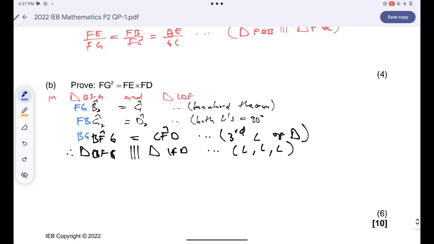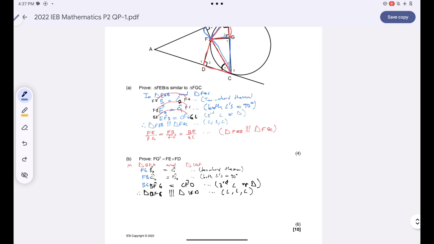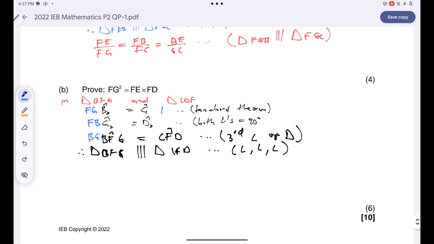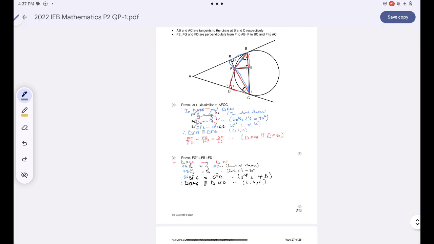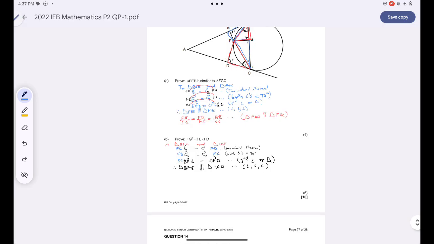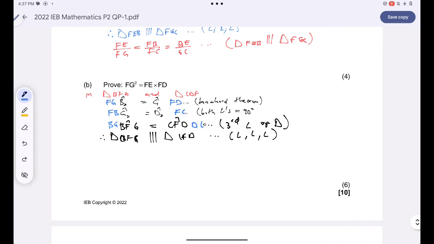In the other triangle, angle C1 is subtended by FD, angle D2 is subtended by FC, and angle CFD is subtended by DC. When they say the corresponding sides are in the same proportion, they simply mean FG over FD is equal to FB over FC and BG over DC. Just like that.